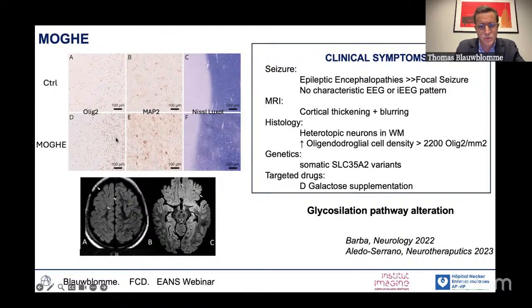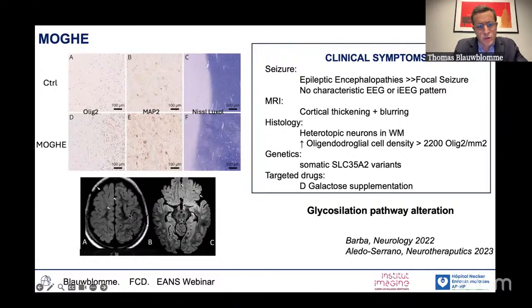You have more than 2,200 OLIG2 cells per millimeter squared in the MOG. It's associated also with heterotopic neurons in the white matter, and this is what you see here in this MAP2 immunostaining. Here you have a normal patient, and here you see heterotopic neurons in the white matter. And the last thing is that you have vacuolization in the white matter that you see with this kind of holes actually in the white matter.